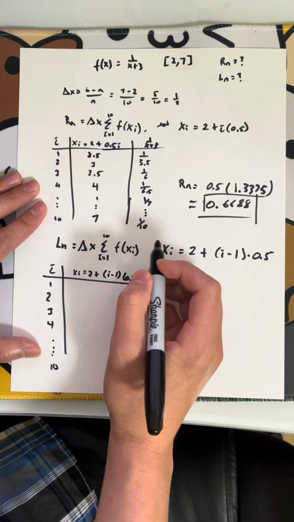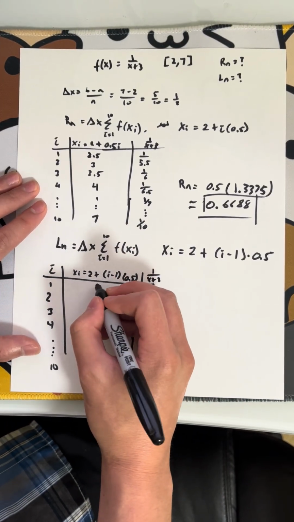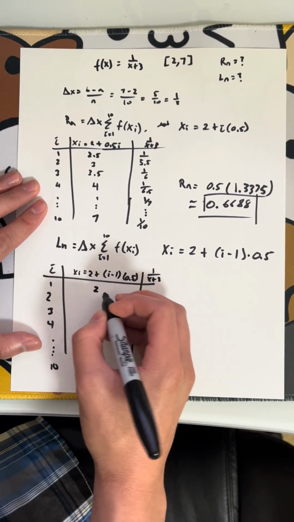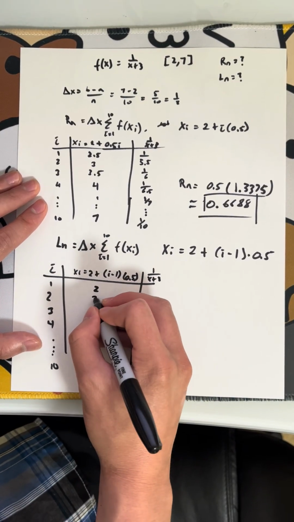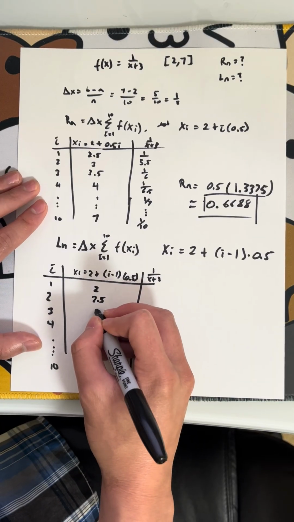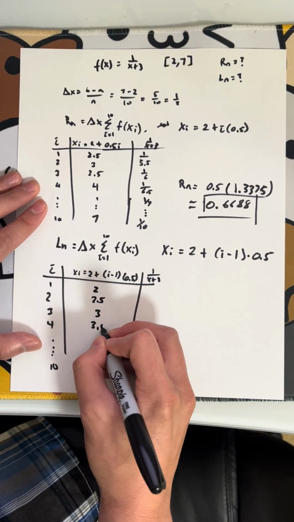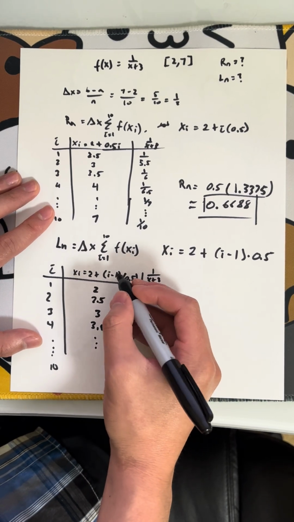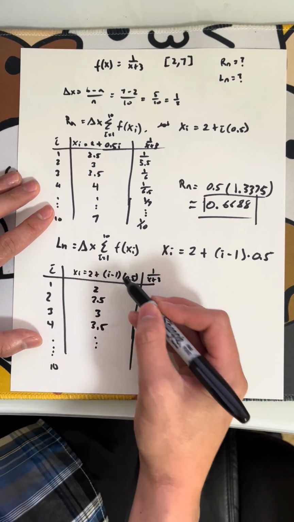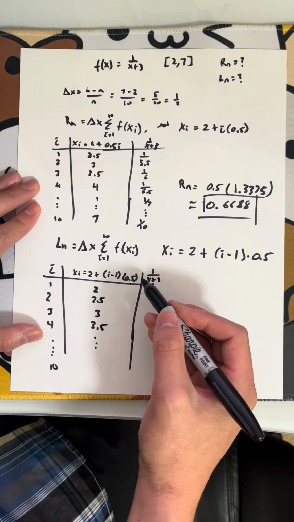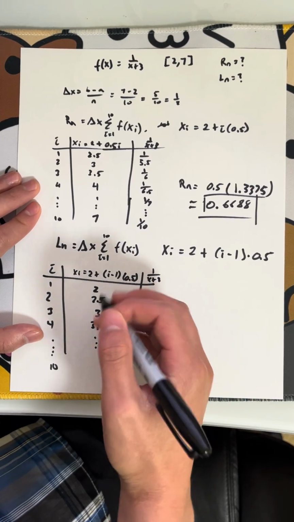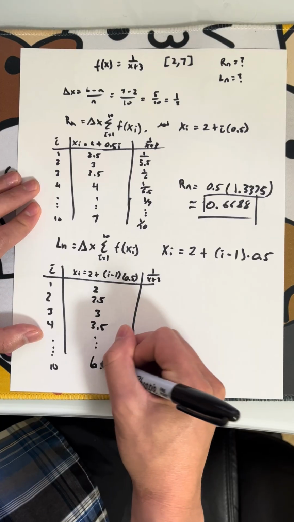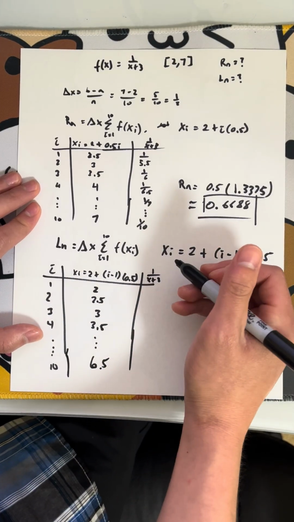Once we do that, we get 2, because 1 minus 1 is 0, so it's just 2, then 2.5, 3, 3.5, and all the way down to 10, which is 10 minus 1 is 9, 9 times 0.5 is 4.5, plus 2 equals 6.5. And then let's put these into the equation.